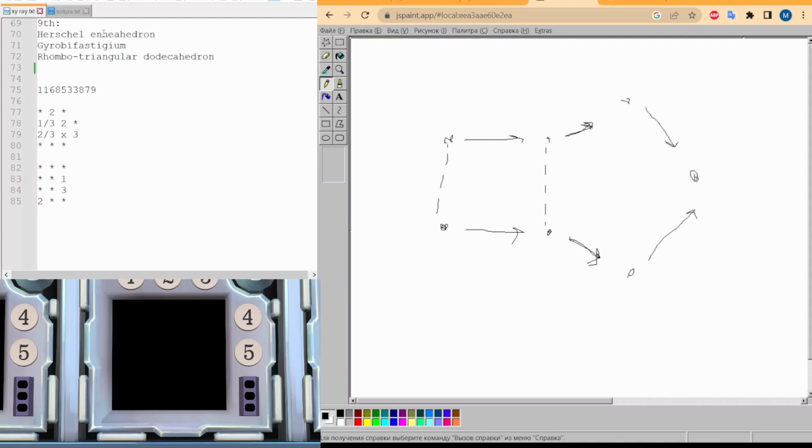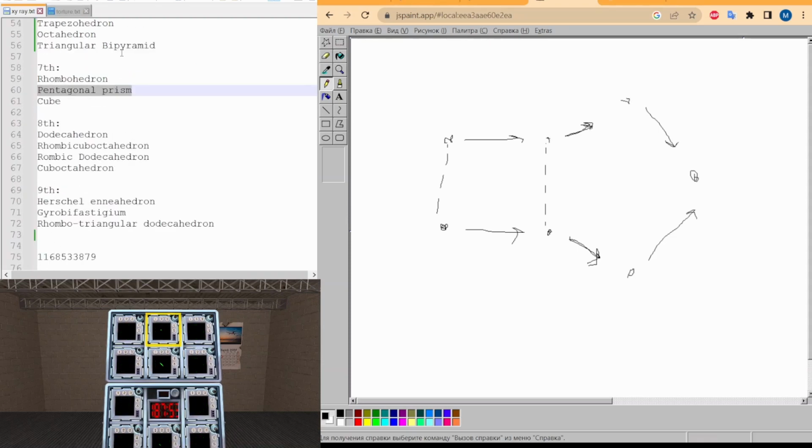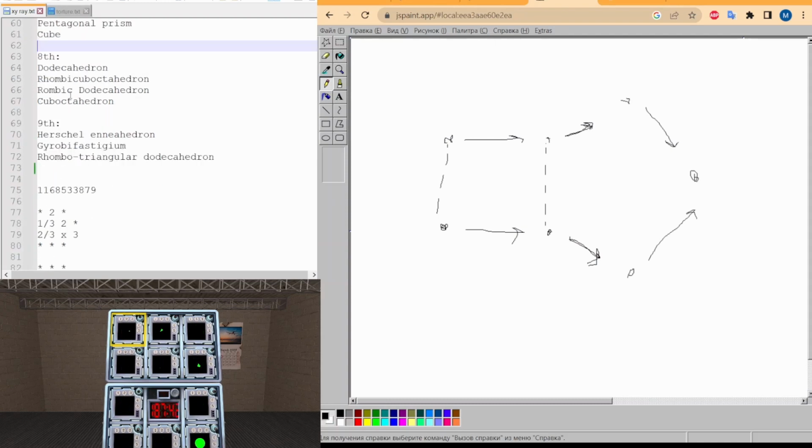Okay, for cube and what was it? Rhombohedron. Take a look at the cube first. So they obviously have 8 vertices, and all of the sides have 4 lines.